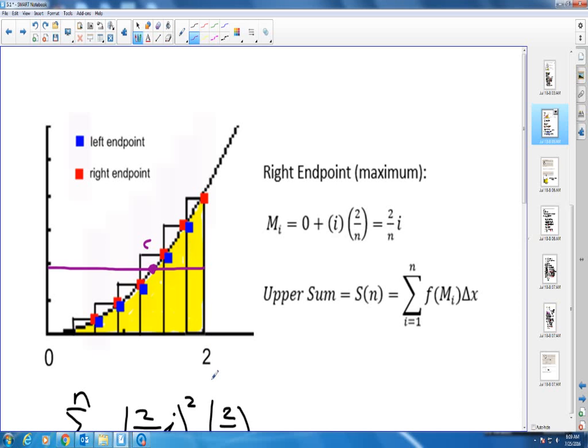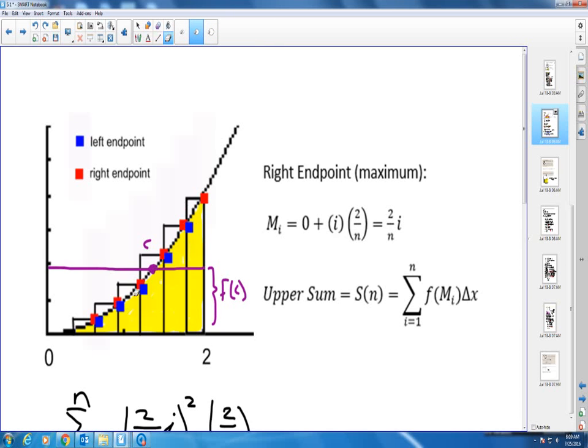Everything I highlight in yellow is area under the curve. If I can find this number c, this area under the curve will equal the area of the entire rectangle, where the height will be f of c. That's called the average value. Very, very interesting.